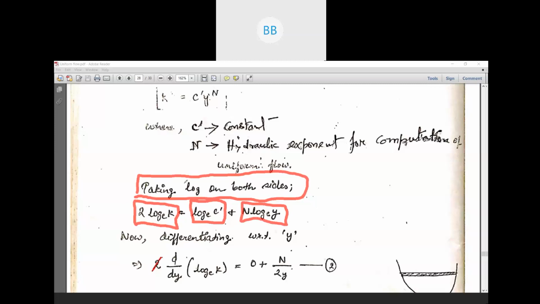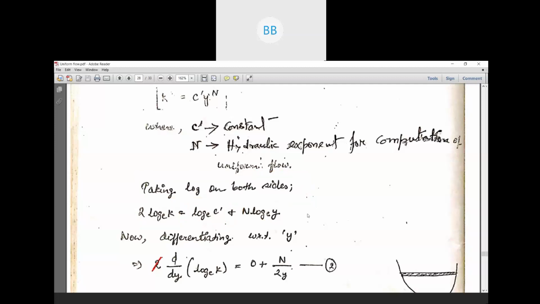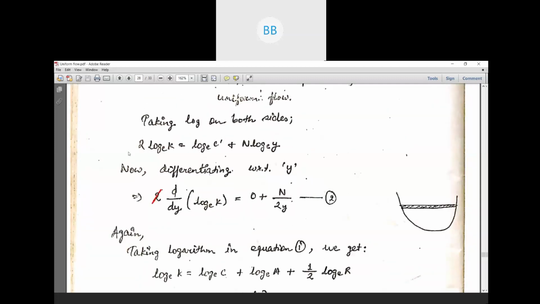So we have taken log on both sides. Now in this equation we are going to differentiate with respect to y.